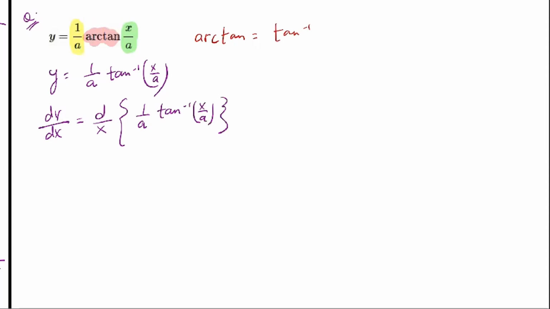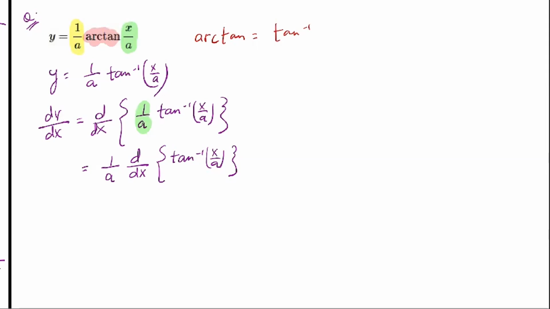We're doing the derivative with respect to x, but here 1 over a is basically a constant. So if you know the rule for the derivative of a constant, you could just bring it to the front: 1 over a, then d over dx of whatever is left inside, which is tan inverse of x over a. Okay, cool.